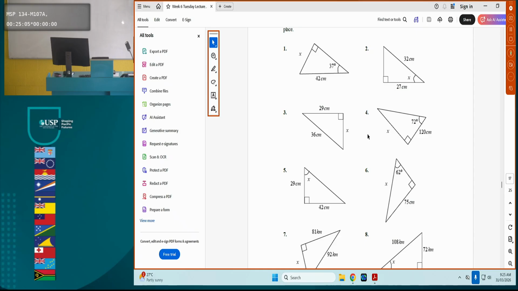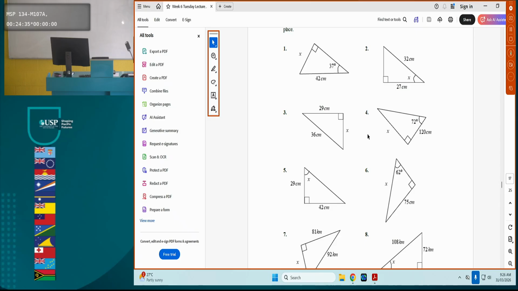We use opposite and hypotenuse. So we use SOH, sine equals opposite over hypotenuse. What does SOH refer to?